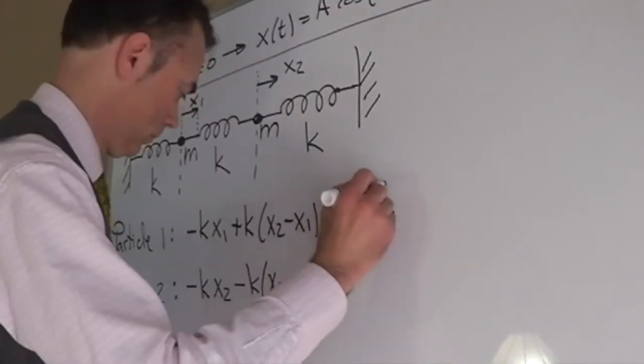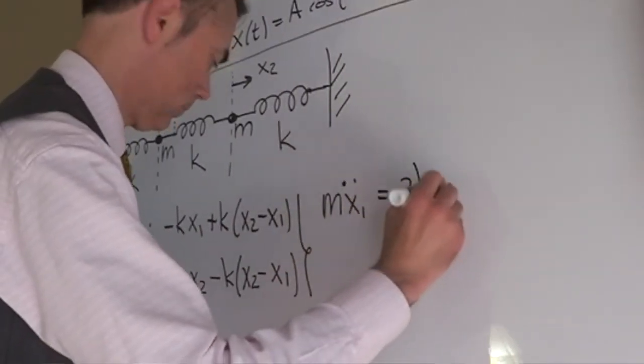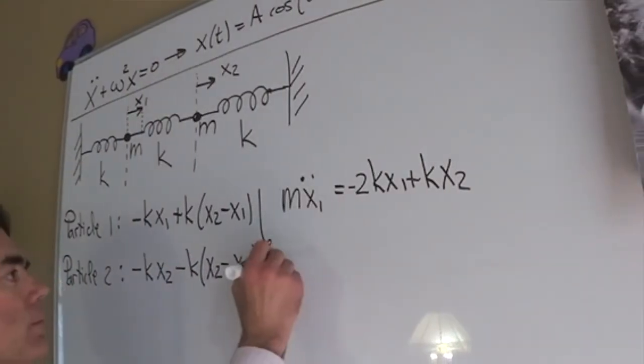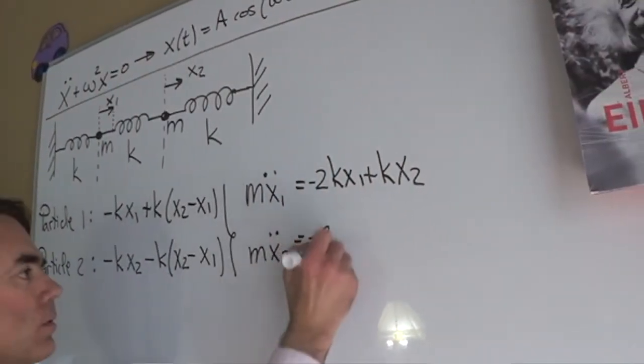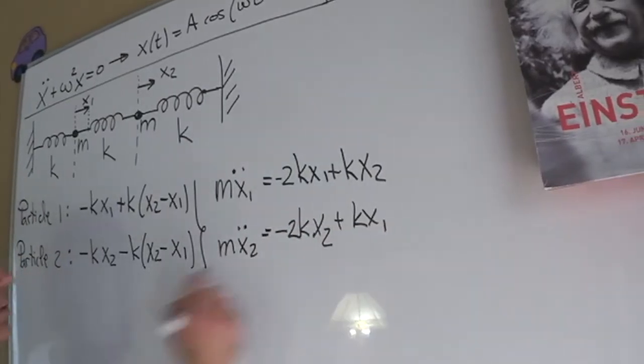Good. Let's now write the differential equations. For particle 1, the sum of the forces is equal to m times the acceleration of particle 1. So x1 double dot equals minus 2k x1 plus k x2. I'm going to define, as usual, omega squared as k over m, and rewrite this.